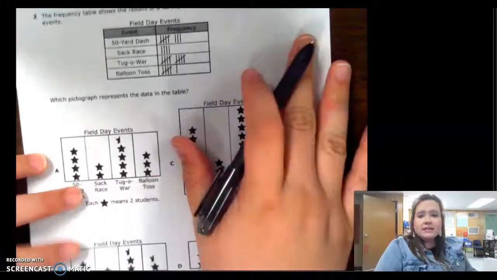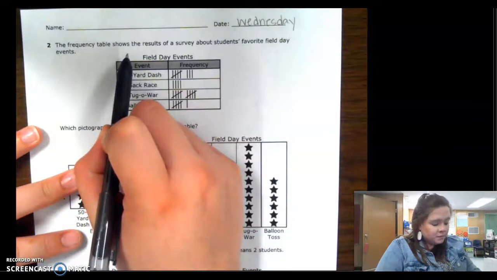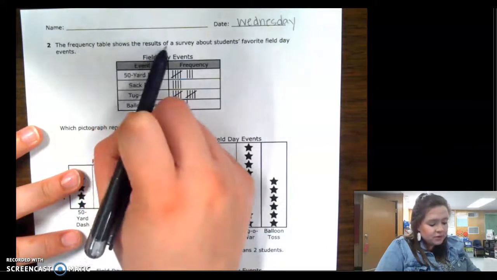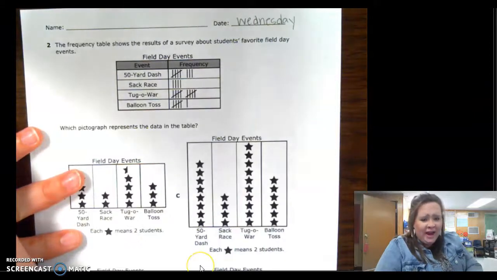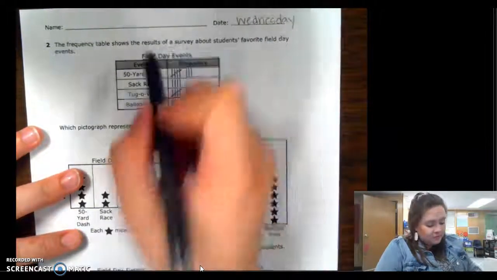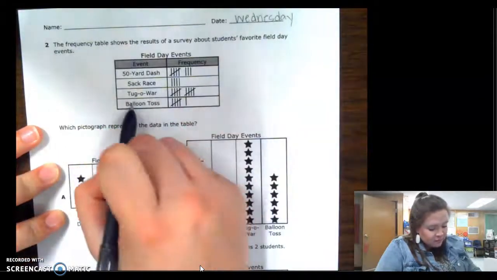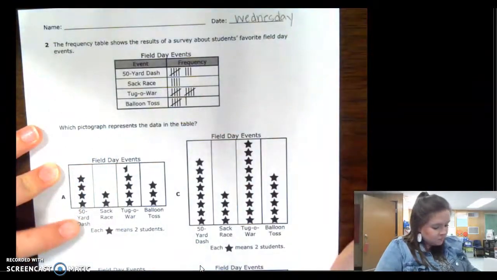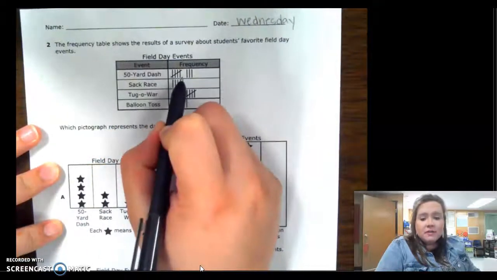All right, let's look at this one. The frequency table shows the results of a survey about a student's favorite field day event. We have the 50-yard dash, the sack race, tug-of-war, and balloon toss. The 50-yard dash. How many students liked the 50-yard dash?